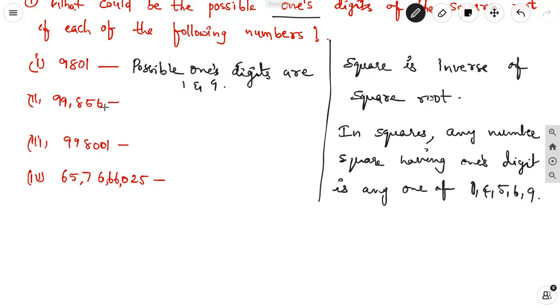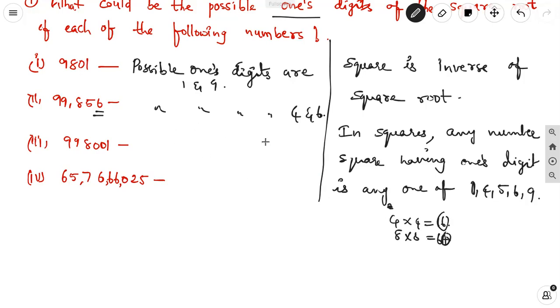Next, 6 and 4: the possible ones digits are 4 and 6 only. Why? We know that 4 fours are 16 and 8 eights are 64. These are related to one another, because these are even numbers. For 2 squared we get 4, for 4 squared we get 6. Even number squares end in either 4 or 6.